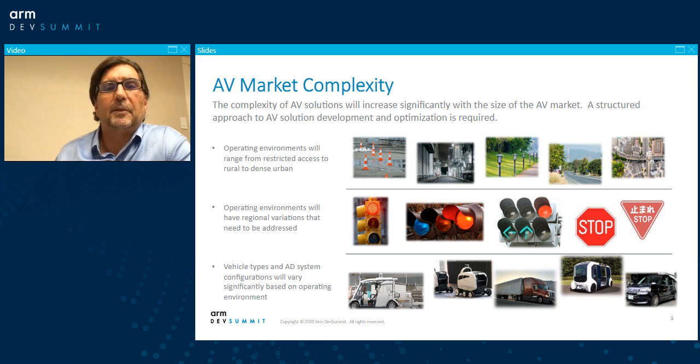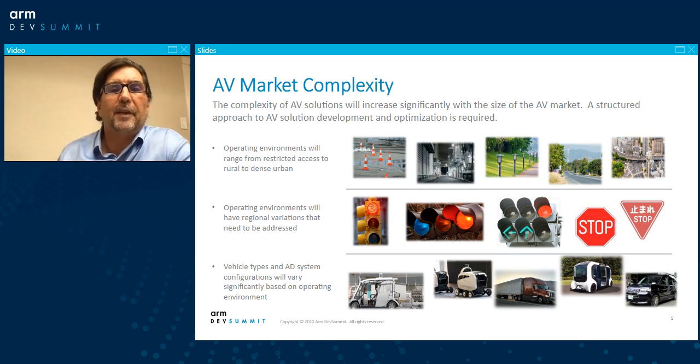of the autonomous vehicle technology will have to be adapted, optimized, and really be verified for safe operation in these particular environments. One of the other things that we'll deal with as we look at the different environments is the regional variations that we'll see of these environments. So for example, one of the things that an autonomous vehicle platform needs to do is perception of its environment, including things such as traffic signs, traffic lights.